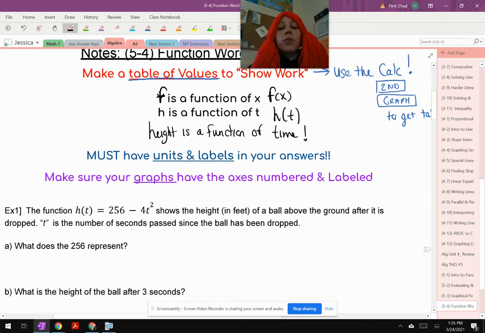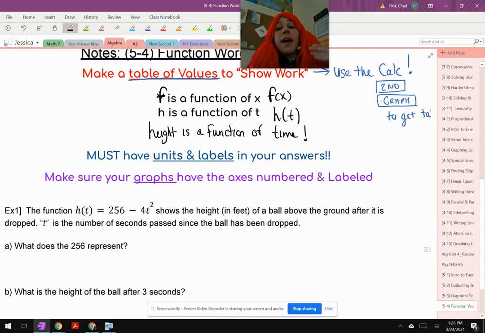I said that backwards. Let me start fresh. The h value, the height, is dependent on the time that's gone by.